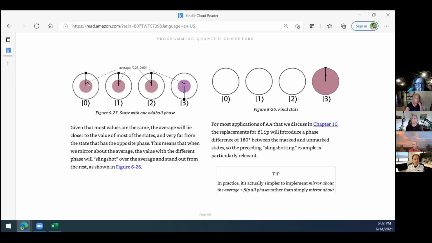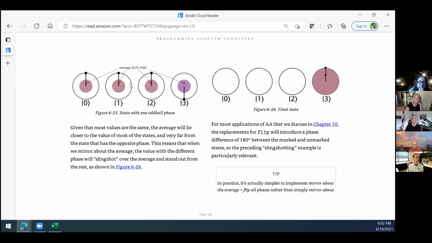So if it's here, it's flipping over this, and it's ending up at 0? Yeah, if we think about this, each of these should have like a 25% probability, so the average of that is 1 in 4. If you subtract the average, you end up at 0 for all of those ones.